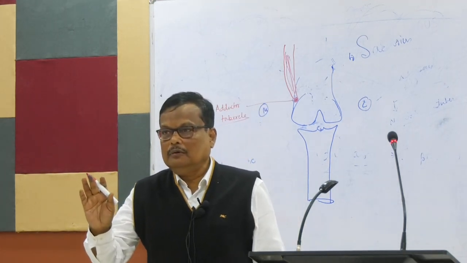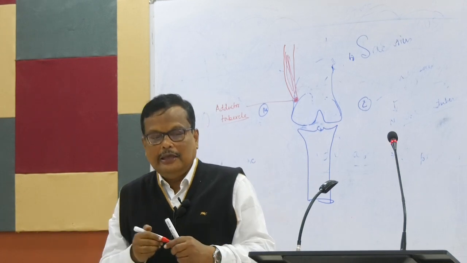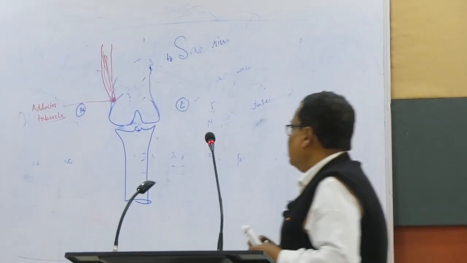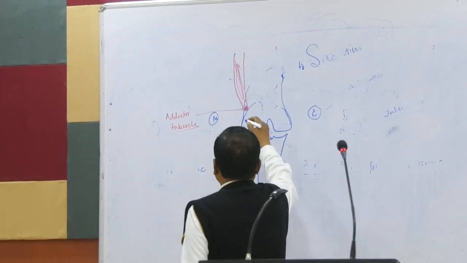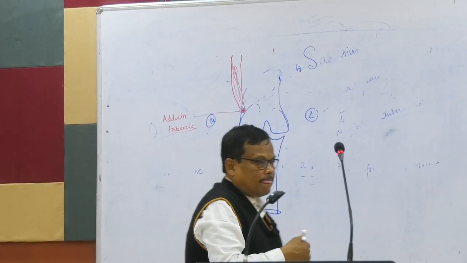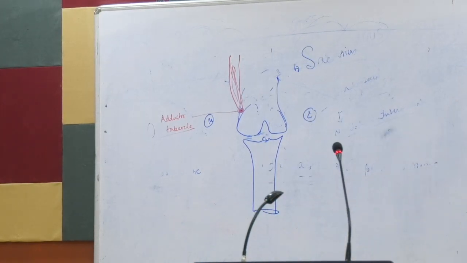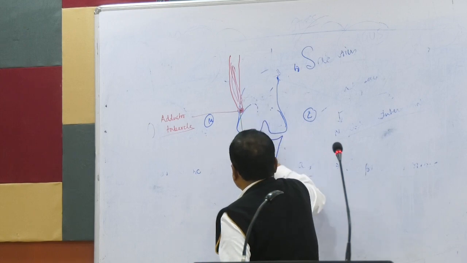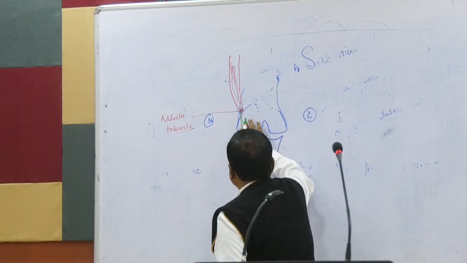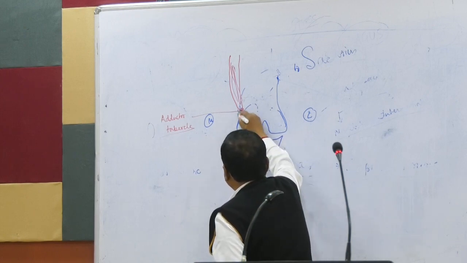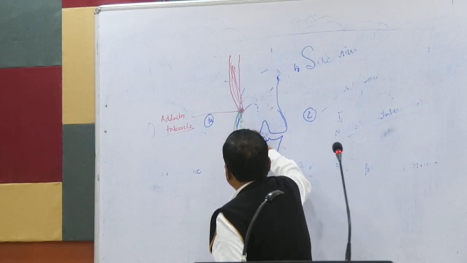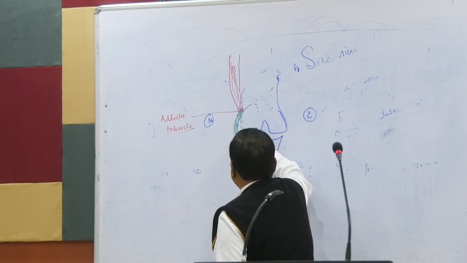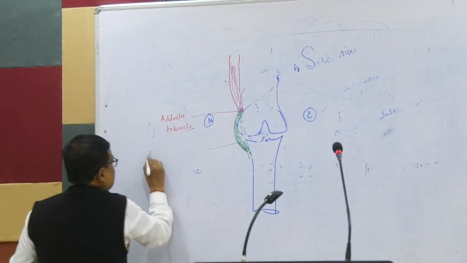Understood? But from the adductor tubercle to the medial border of the tibia, there is a ligament, known as the medial collateral ligament.